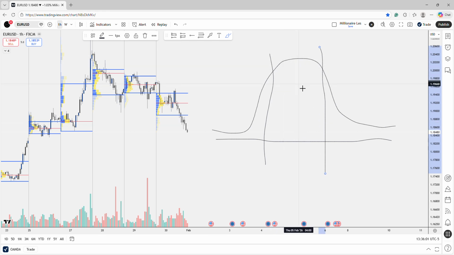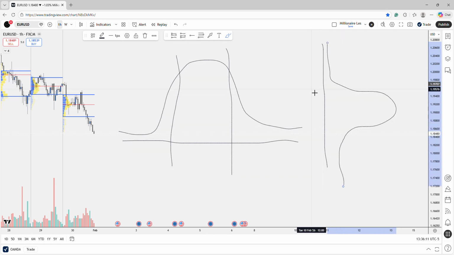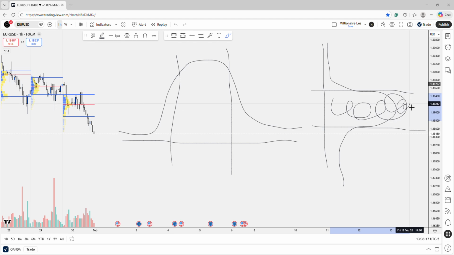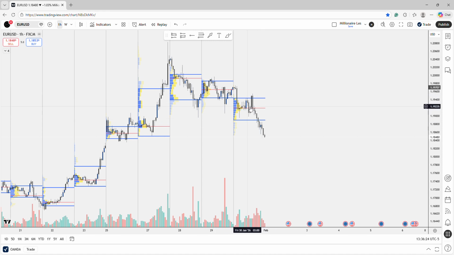Take this diagram and turn it sideways, and that is how you have the volume profile. With the volume profile, 70% of volume is within the bell diagram, which I will go over in further detail as we go on.